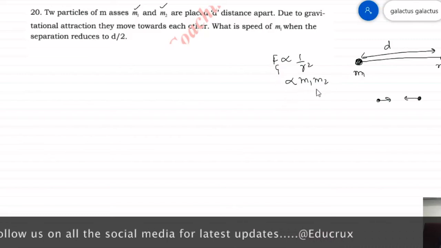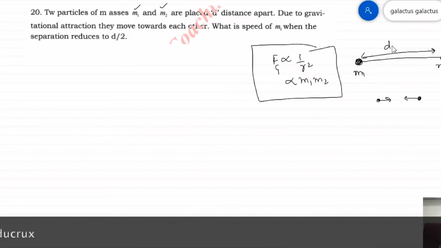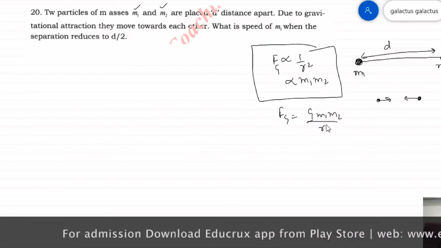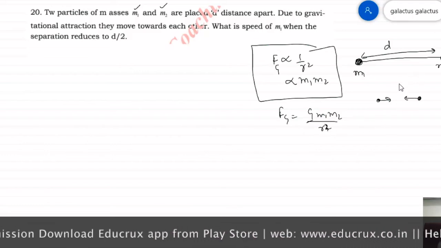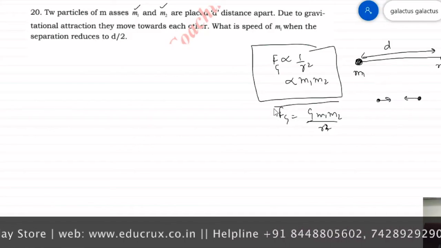By Newton's law of gravitation, the two masses will attract each other with a force G m1 into m2 by r square.